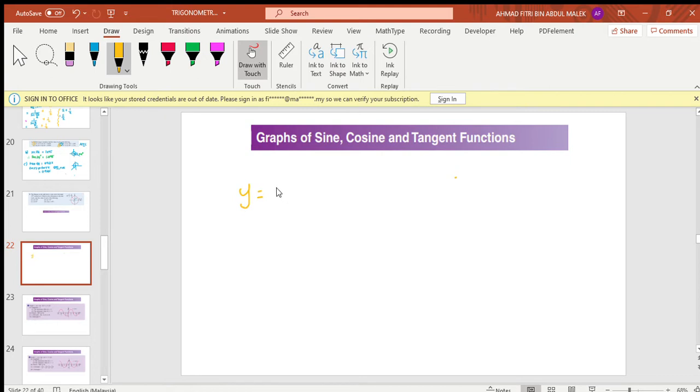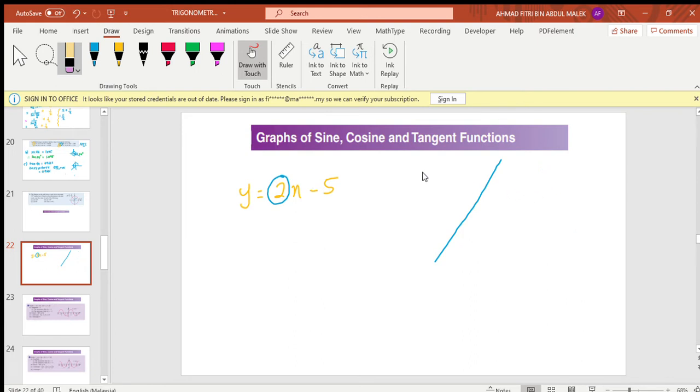For example, I have y equals 2x minus 5. This function will help you to sketch the graph of itself. When you look at the value of 2 in front of x, it means the gradient is positive, so you know your graph is like this, not a negative gradient like this one.